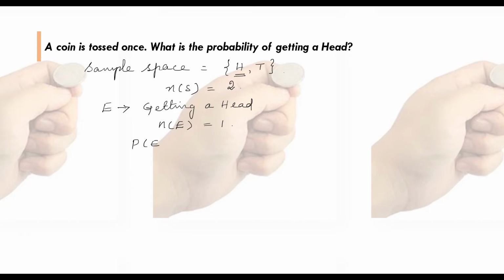P(E) is equal to n(E) by n(S), that is equal to 1 by 2. And hence, when a coin is tossed once, the probability of getting a head is 1 by 2.